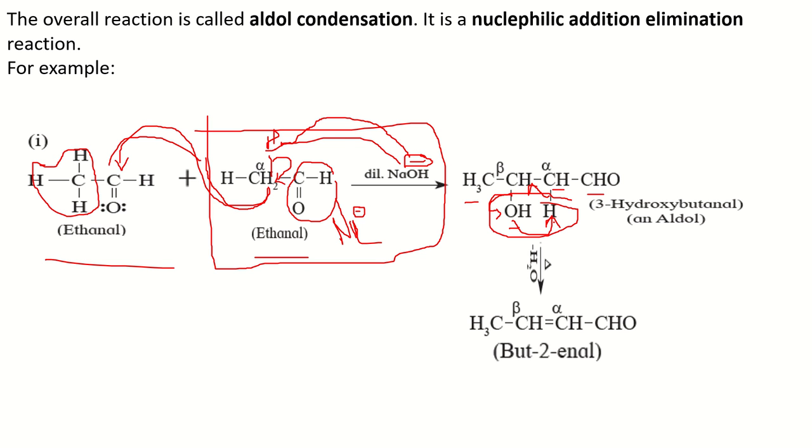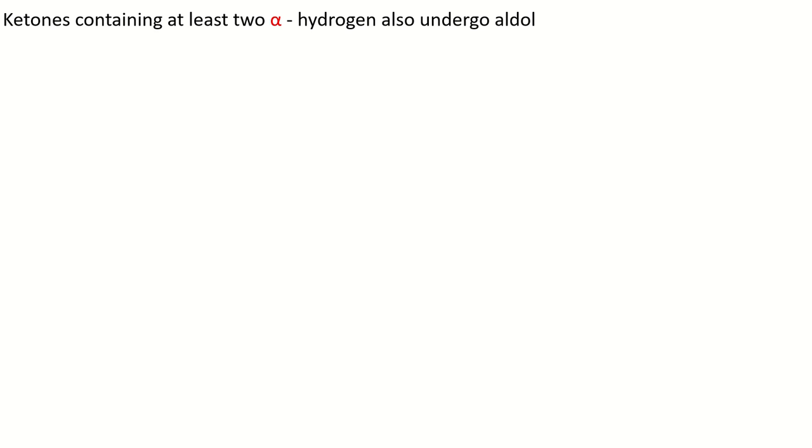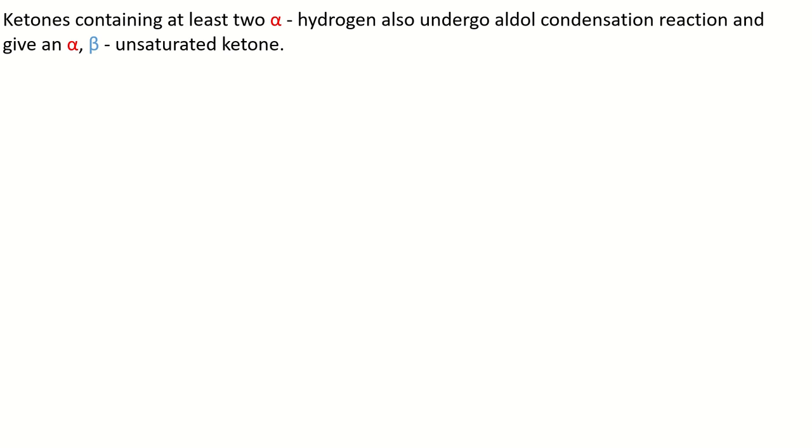Let's see with the ketone. Here, a ketone containing at least two alpha hydrogens also undergoes aldol condensation reaction and gives an alpha beta unsaturated ketone product.